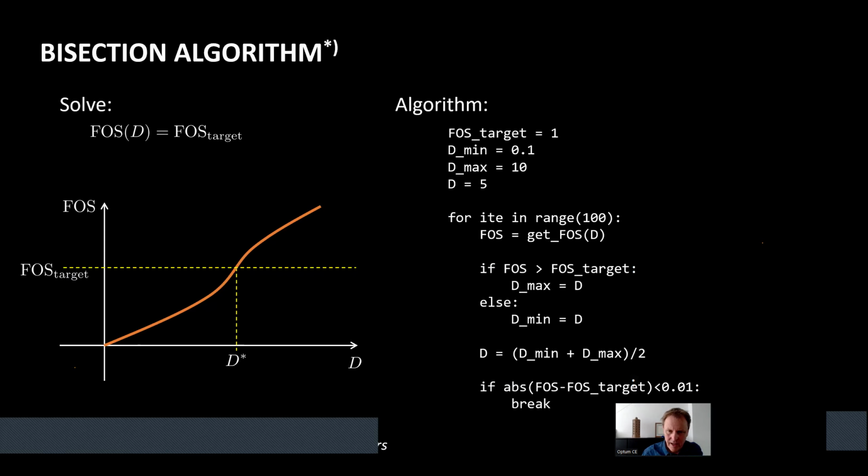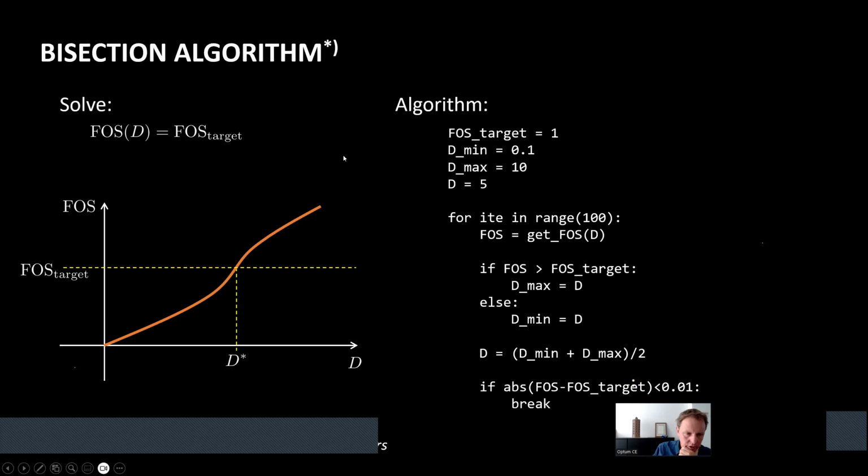And so the bisection algorithm, the way it works is that you, of course, need to specify your FOS target. Then we have a minimum D and a maximum D. I've said 0.1 and 10 here, but it can really be anything. And then we have an initial D. I've said 5 here.